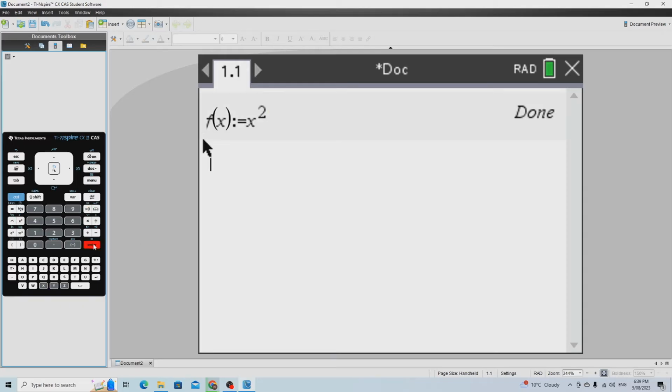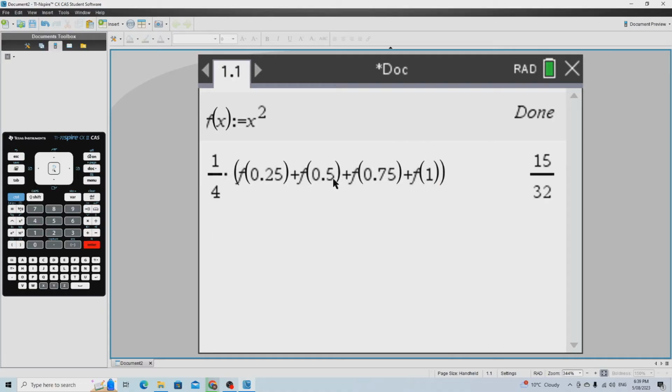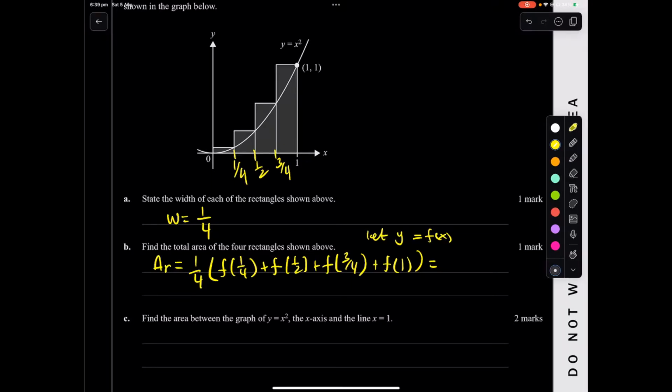Then we want f of 0.25 plus f of 0.5 plus f of 0.75 plus f of 1. That'll be 15 over 32 units squared.